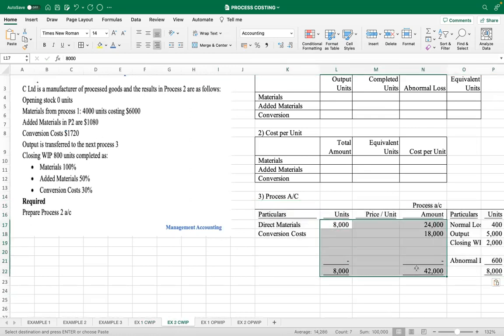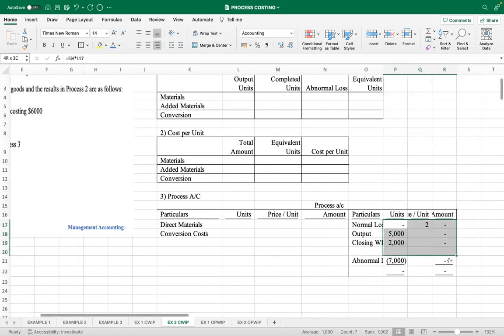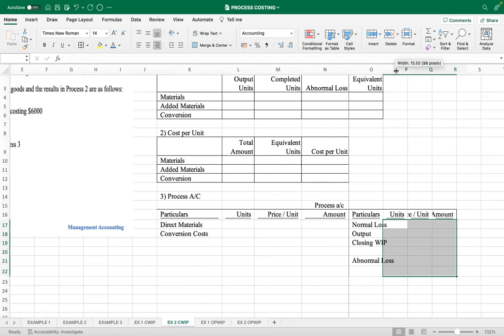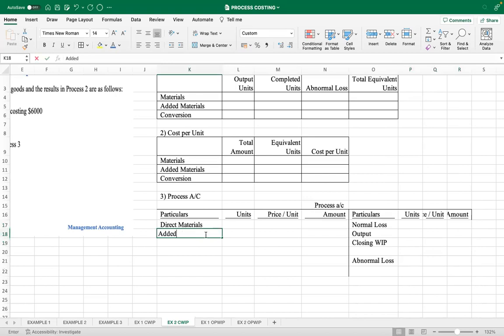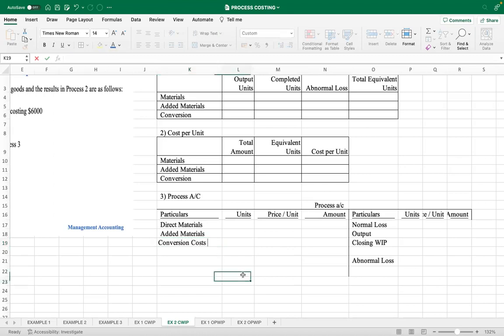Of course, I'll remove all the values. Please, let's be very attentive in this. Now here we had added materials, and we have conversion costs.